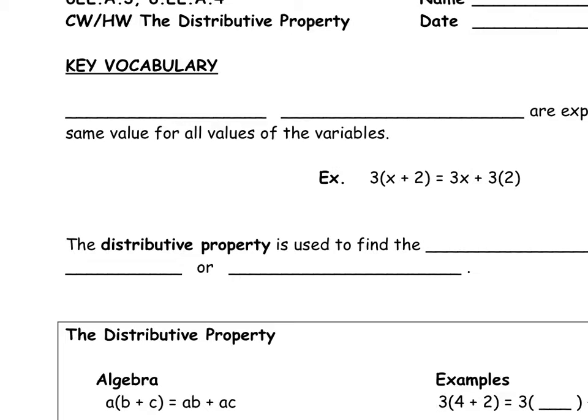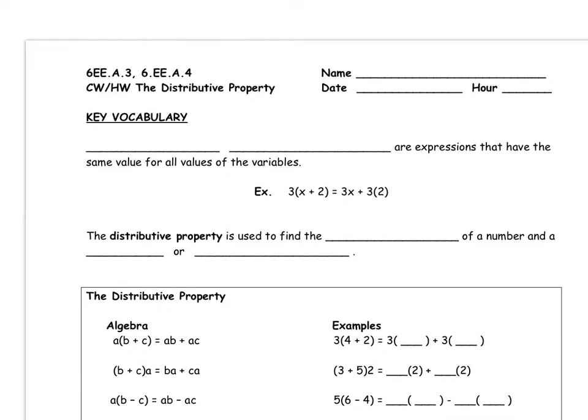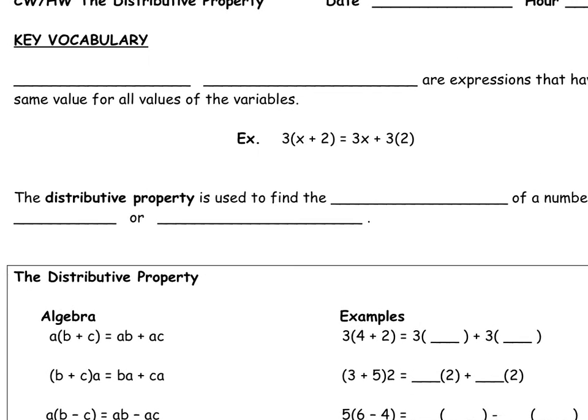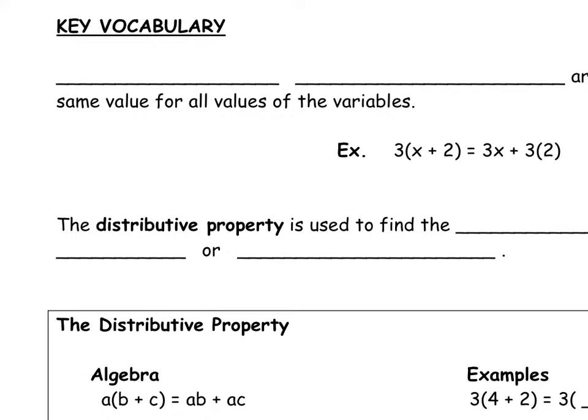So, our first sentence says, blank blank are expressions that have the same value for all values of the variables. And that is equivalent expressions.